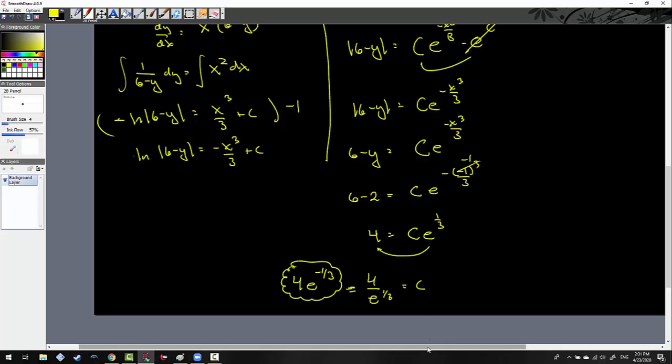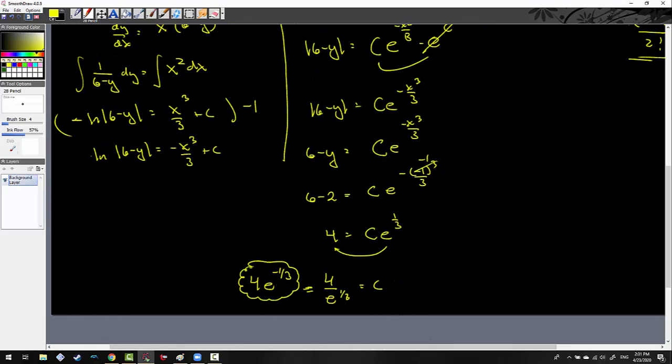Alright, so how does that help me? Well, now I can plug it in. So I get 6 minus y equaling 4e to the negative 1/3 times e to the negative x cubed over 3. I'm going to combine these e's, adding the exponents together, so I get 6 minus y equals 4e to the (negative 1 minus x cubed) all over the same 3.